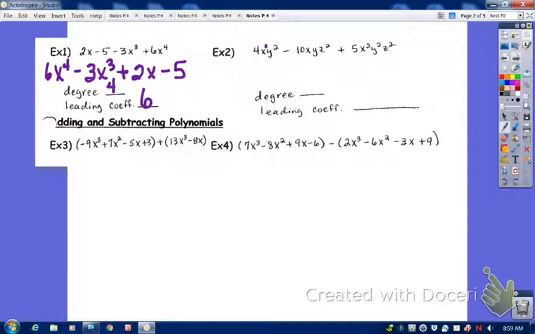So in the first term, 4xy squared, the exponents are 1 and 2. So the degree of that first term, you find that by adding your exponents together if there's more than one exponent in the term. So 1 plus 2 is 3. So the degree of the first term is 3.